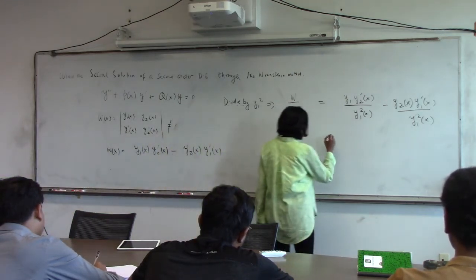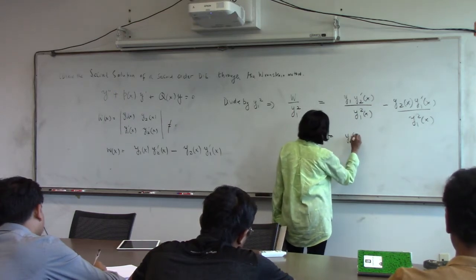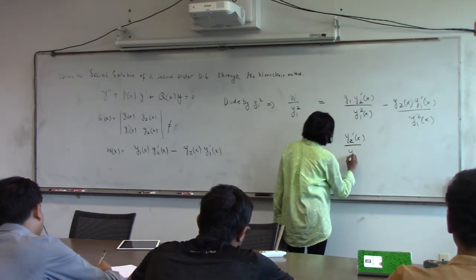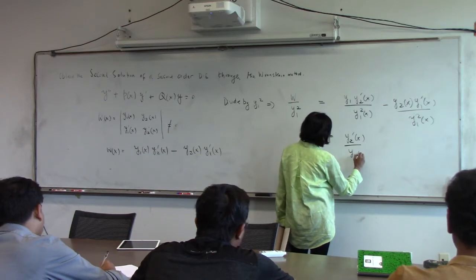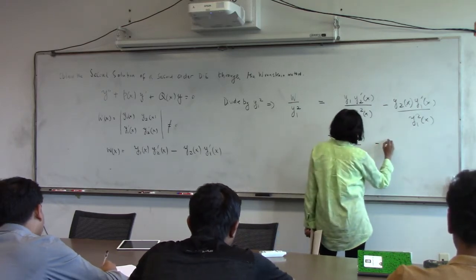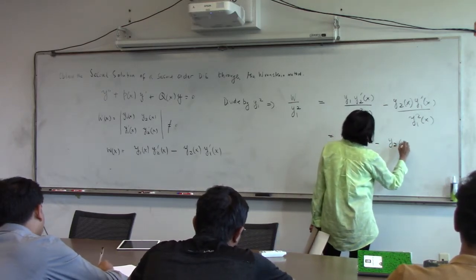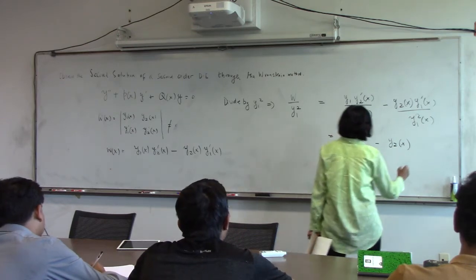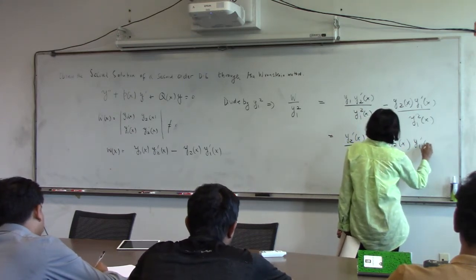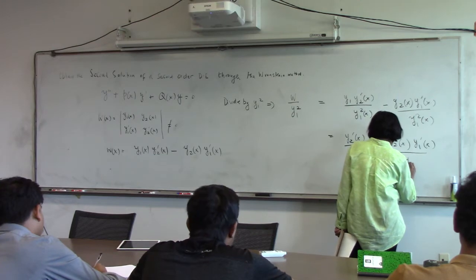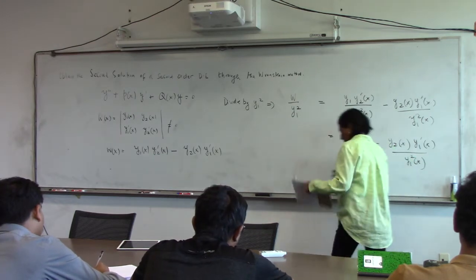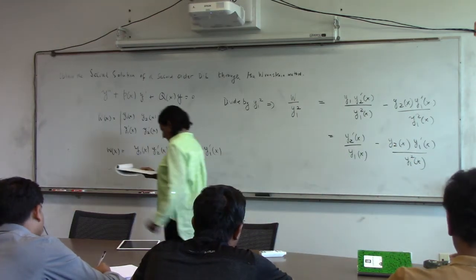So that is nothing but y2 prime x over y1 x minus y2 x y1 prime x over y1 squared x. We have no simplification there. This is what we get.